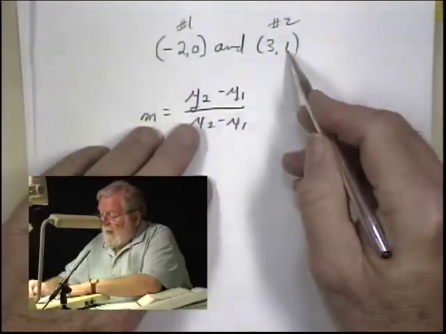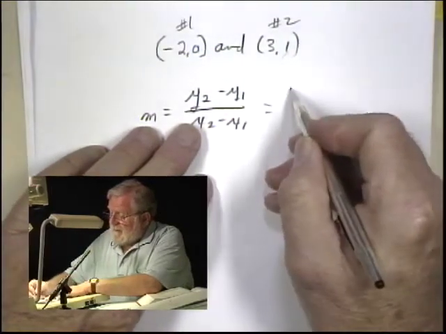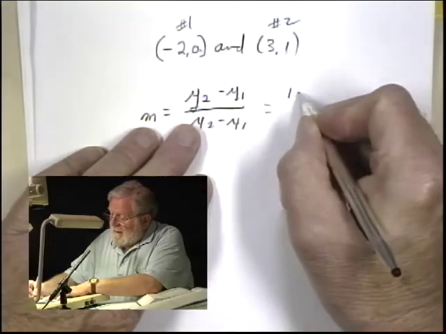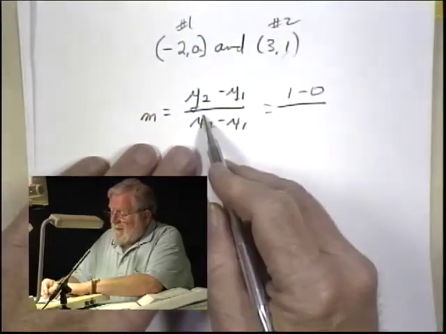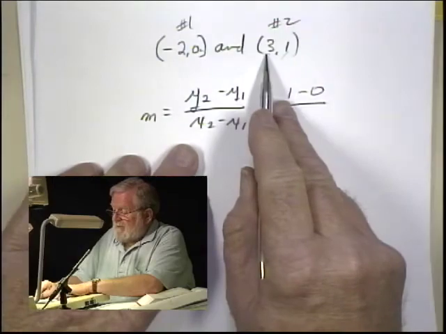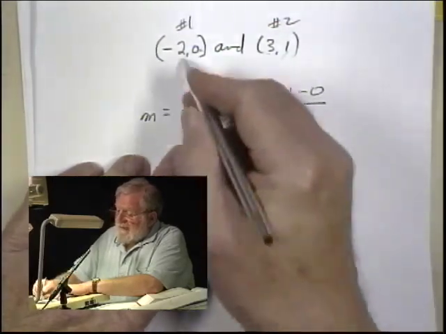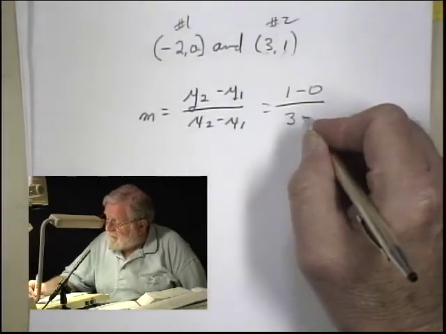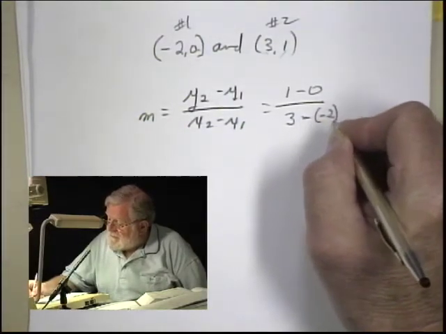So the y value for number 2 is 1. The y value for number 1 is 0. The x value for number 2 is 3, and the x value for number 1 is a -2. So we're going to subtract a -2.